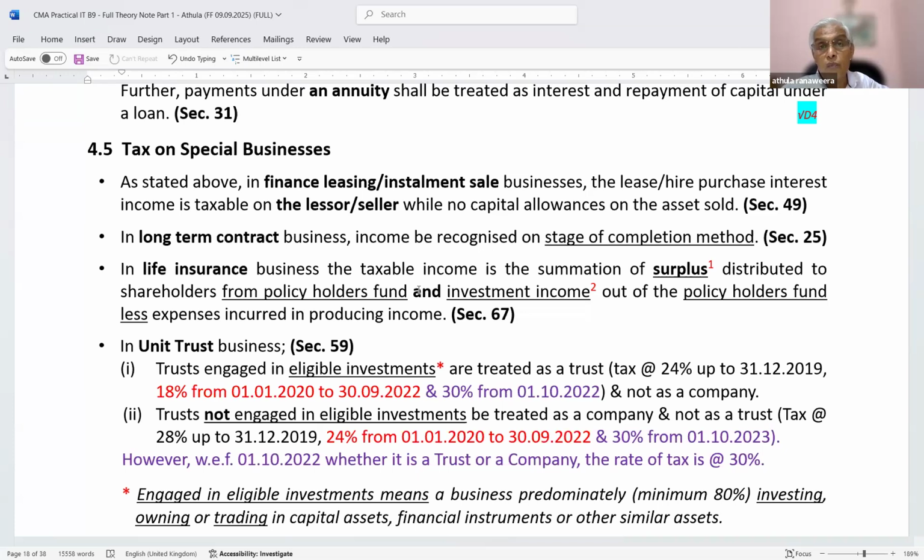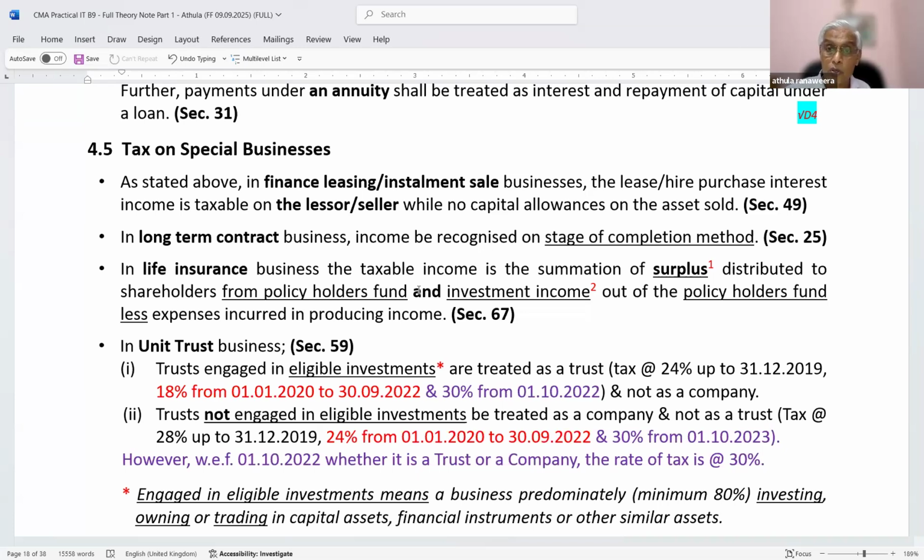Shareholders get from the policyholders' fund and investment income. Right? That means out of this policyholders' fund, if they are distributing something to their shareholders, that component is a profit. In addition to that, with these policyholders' funds, they go and invest in various places. Out of that, they are getting some investment income.